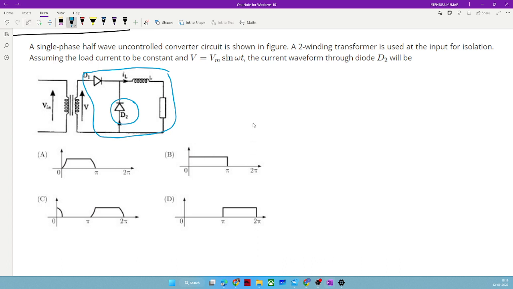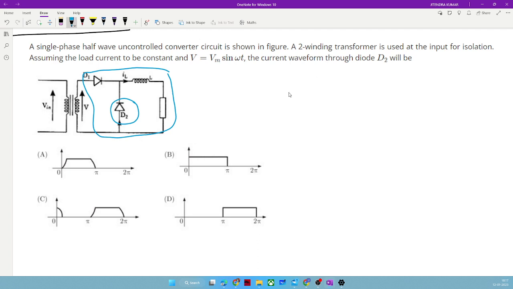We can judge from this problem because during preparation we get to learn many concepts through problems only. That's why we generally solve so many problems, so that we grasp all the concepts and, most importantly, how to apply those concepts in problems. Those things are most important, so that's what we are doing right here. So we need to identify the current waveform of D2.